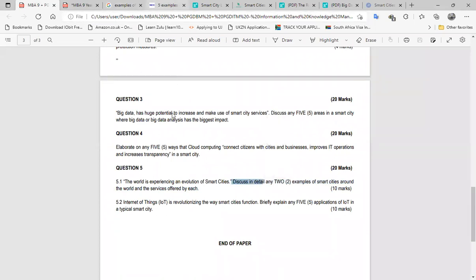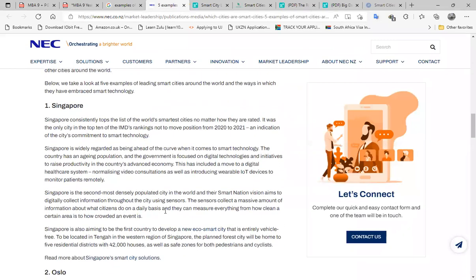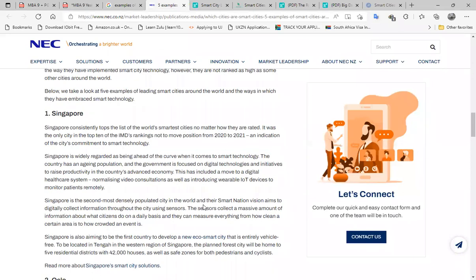So what happens is, if you choose Singapore, you need to describe how Singapore is using, how smart city is coming out, right? So Singapore consistently tops the list of the world's smartest cities, no matter how they are rated. Like I was telling you, Singapore is way advanced, right?